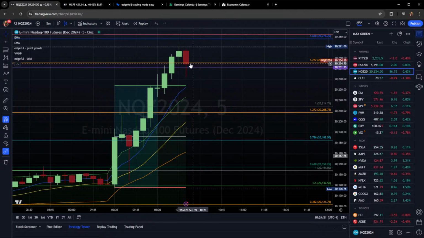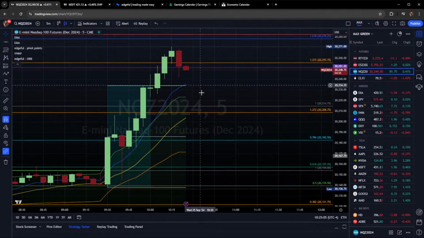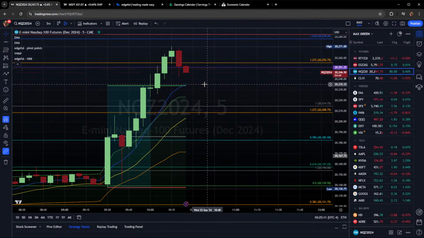See, my entry for the shorts is right in this area. So I'm slightly green on this. I got a couple trims back out, basically just de-risked. Okay, we're under the level. We need to get under this. We need to come touch this right here.